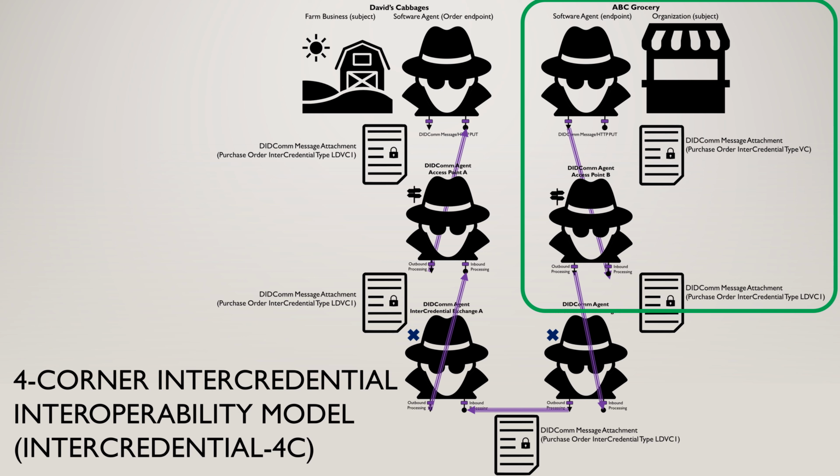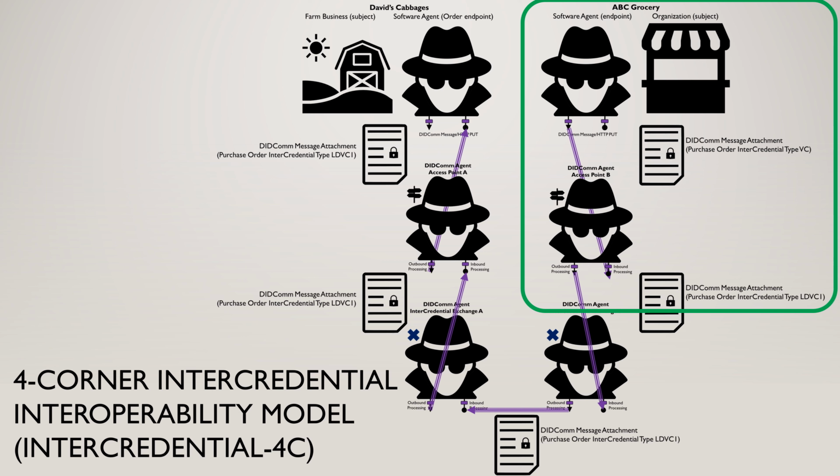Across the bottom, we can see that once that right side has the LD VC1 credential, once that access point has it, it simply drops it down into the credential exchange agent. And that credential exchange agent is going to send it using DIDCOMM across to the left-hand side.